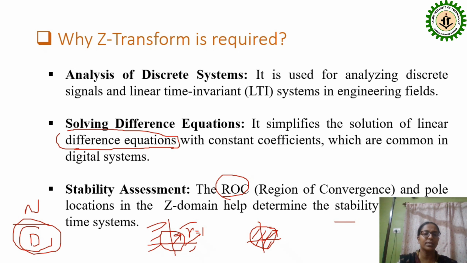So if any signal is causal, the ROC will be outside the unity circle, and at that time you will say that the signal or the system is stable. And for the non-causal or anti-causal system, if the region of convergence is inside the unity circle, at that time you can say that the system is stable. In that way you can assess the stability.